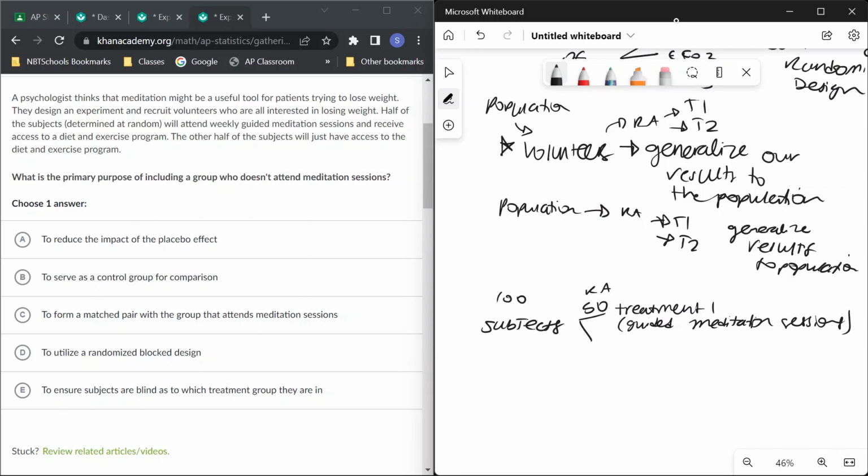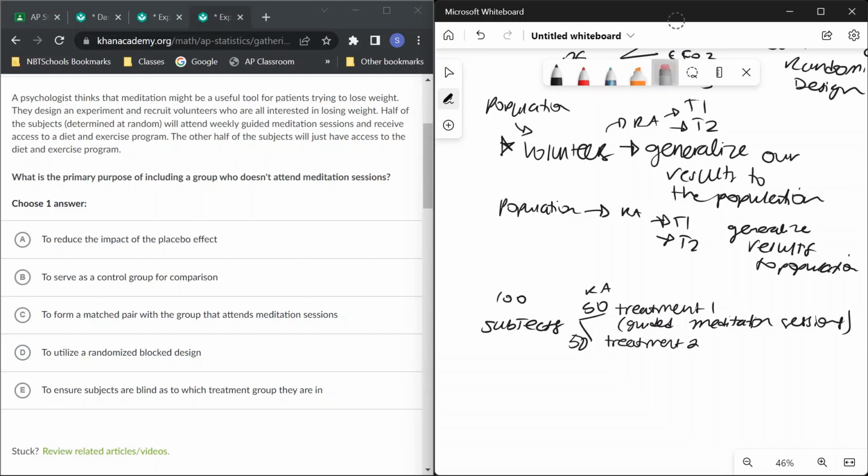And then half of the subjects receive access to a diet and exercise program. The other half of the subjects will just have access. The 50 will have access to, I guess, treatment 2? Or is treatment 2 the control group? So do they want to know the effect of having the meditation sessions on top of receiving access to a diet exercise program?